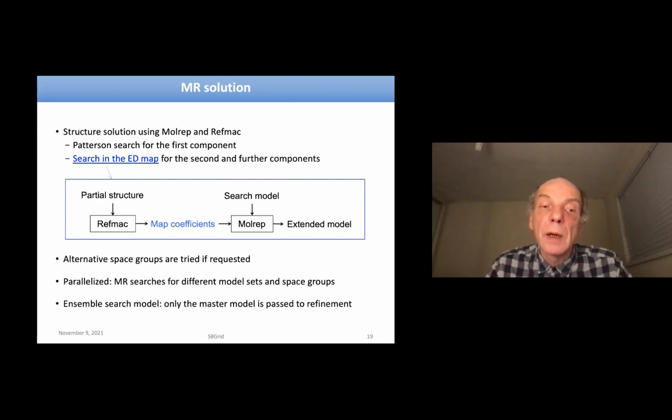In addition, the search for the first component is done by trying different space groups if requested. Well, by default it is. The search is parallelized on the CCP4 servers, of course, and for assembly search models, as I said already, only the master model is passed to refinement.